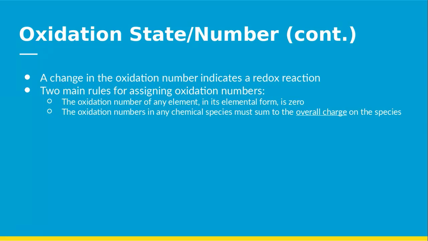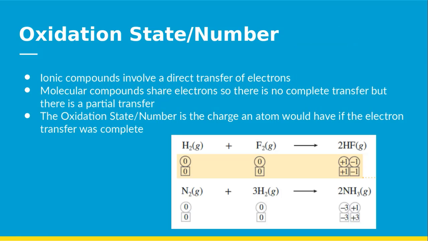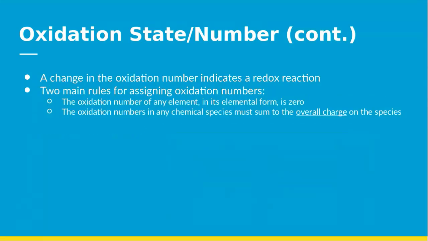We kind of discussed this earlier as well. The first one is that the oxidation number of any element in its elemental form is 0. So elemental form is like how this H2 is a diatomic. Hydrogen is diatomic in its elemental form. Same with F2. So that's why it's a 0. That's the overall charge of the entire diatomic molecule.